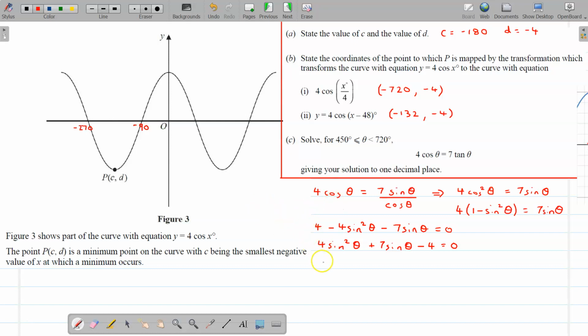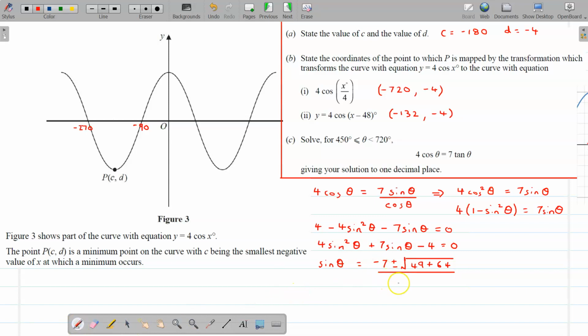Now that is a quadratic obviously in sine theta. It won't factorize, so I'm going to use the quadratic formula, and I get that sine theta is equal to -7 plus or minus the square root of 49 minus, well, it's 4 times 4 times -4, so it's 49 plus 64, all of that over 8, 2 lots of 4.